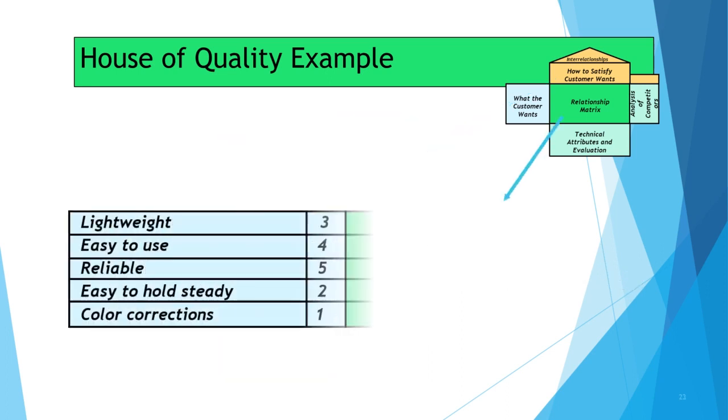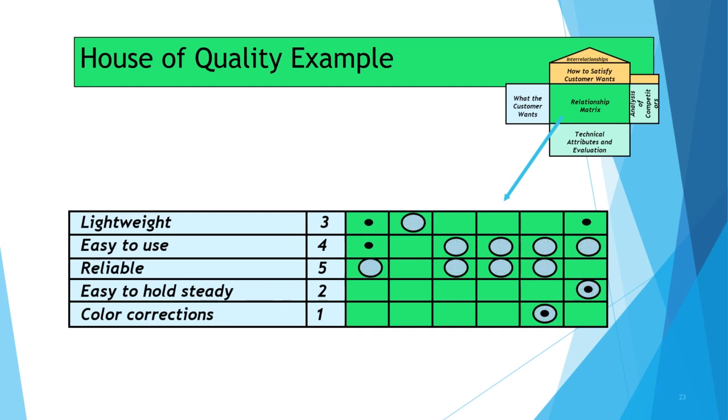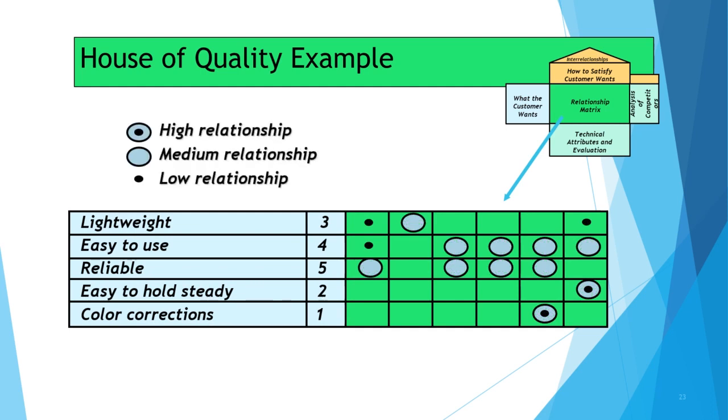Then comes the relationship metrics. That means we are collecting the response from the customers. See here, in each column, it specifies certain responses.